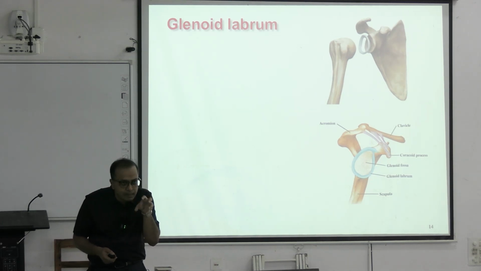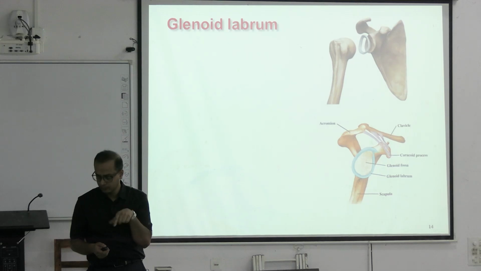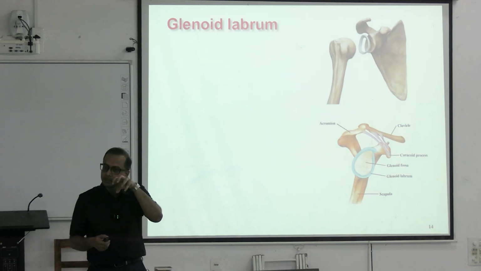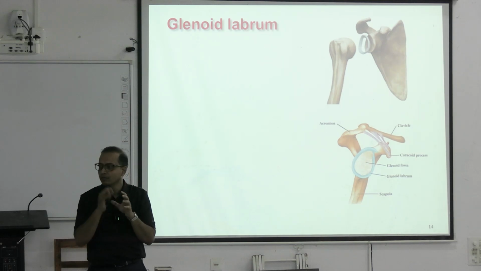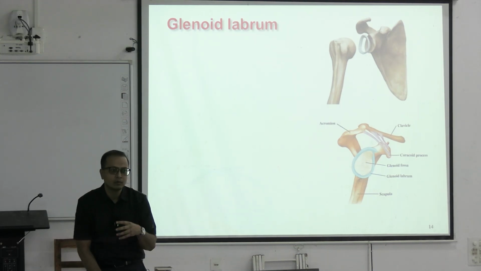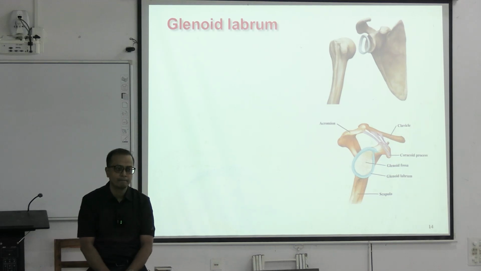So, this ring is adding depth to it. So that on this cup, the head can fit. Whenever you make a movement, it runs frictionless and keeps this joint a little bit stabilized. So, this is about the glenoid labrum.